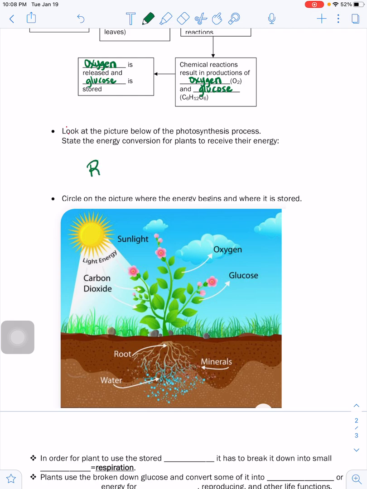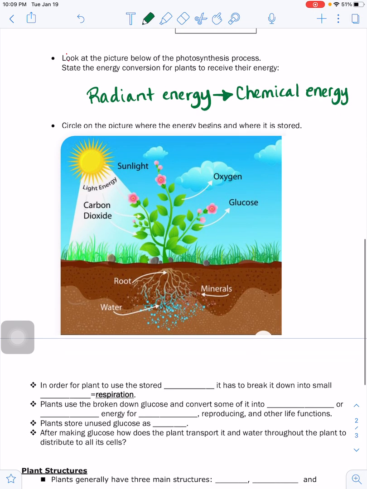It's radiant energy from the sun, and then draw your arrow because that's showing it's changing over to another energy. Being stored in the plant for energy is chemical. Radiant to chemical.